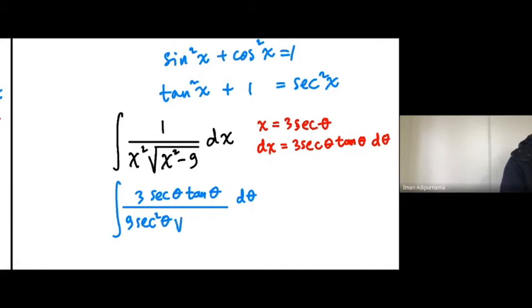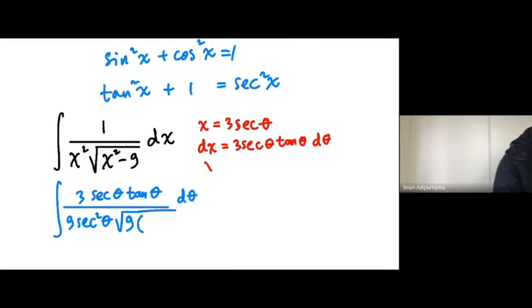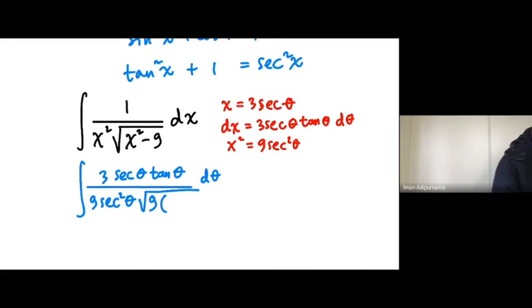Let me write the whole expression. x squared is 9 secant squared theta. So this becomes 9 secant squared theta minus 1.